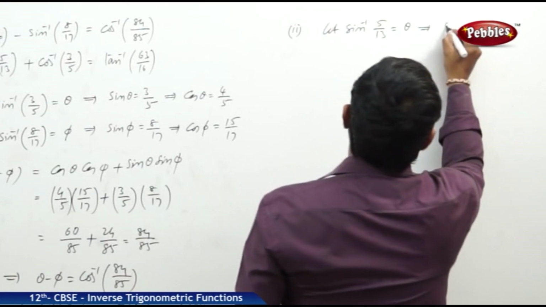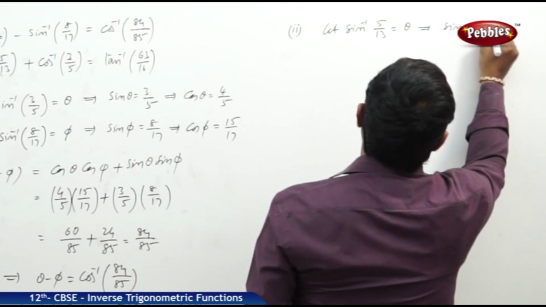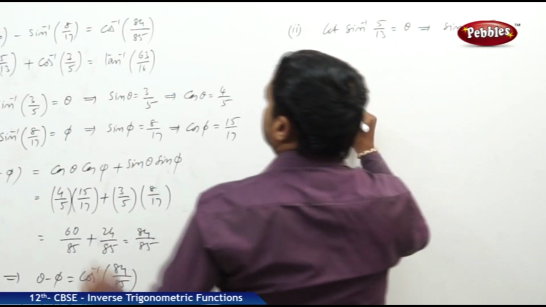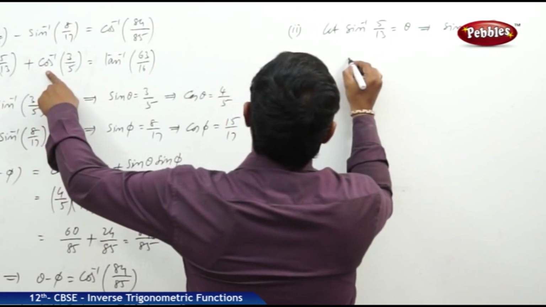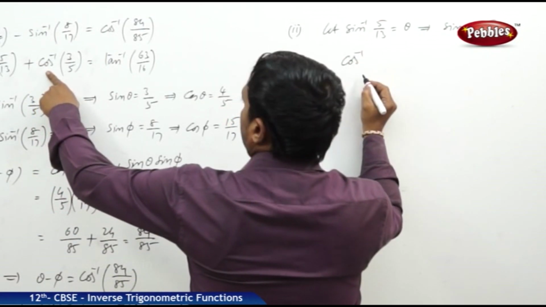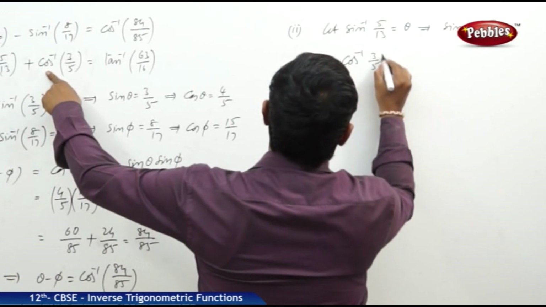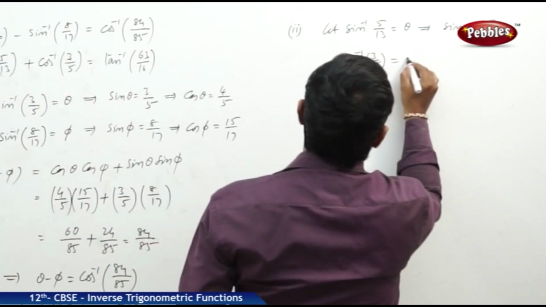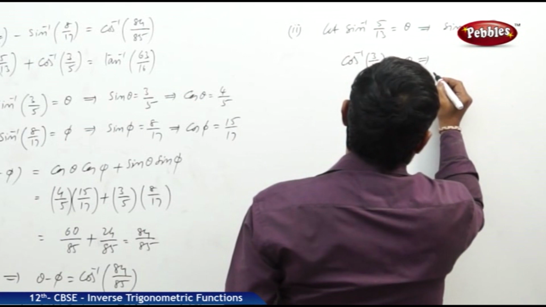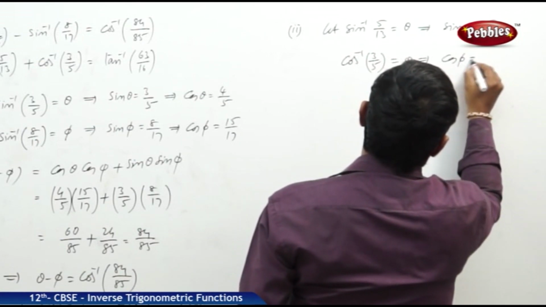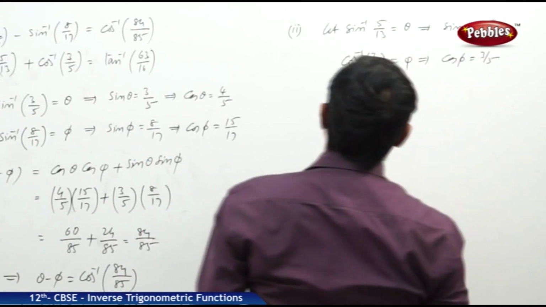Therefore sin theta is equal to 5 by 13, and also consider cos inverse 3 by 5 is equal to some phi. Therefore cos phi is equal to 3 by 5.